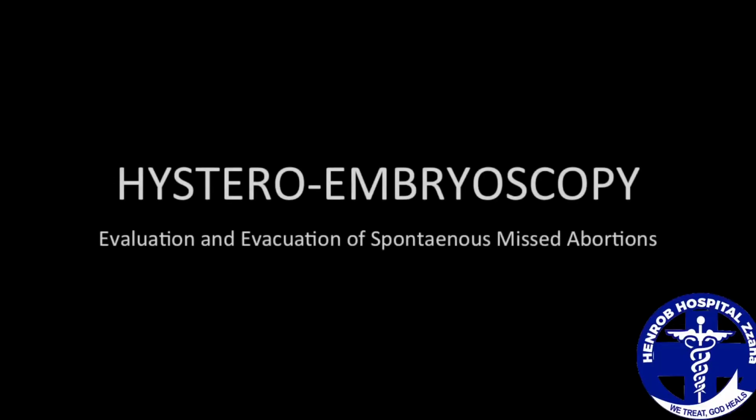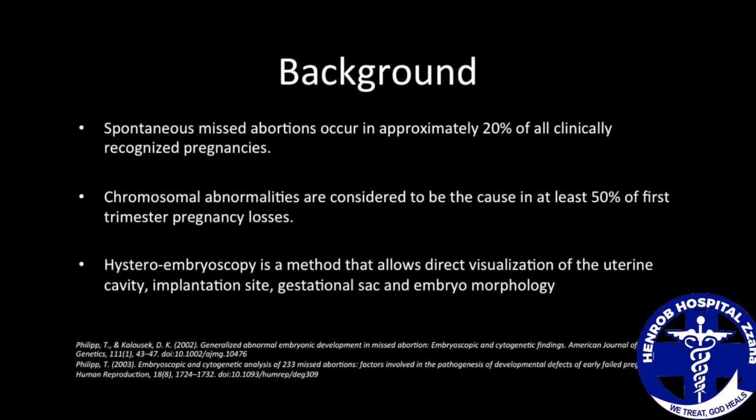I want to share with you the role of hysteroscopy in embryo evaluation and avoidance of blunt curettage in the management of missed abortion below 6 weeks. We all know that 20% of missed abortions are usually recognized in the early trimester, and most of them are because of chromosomal abnormalities.